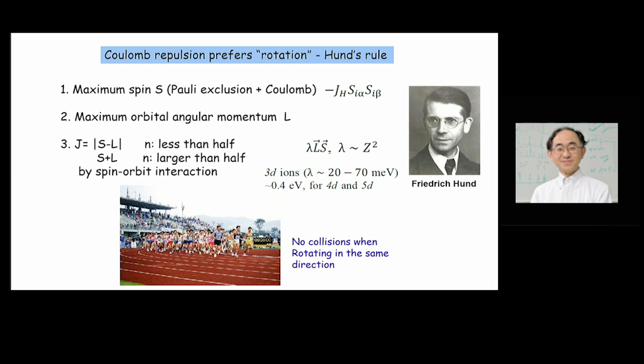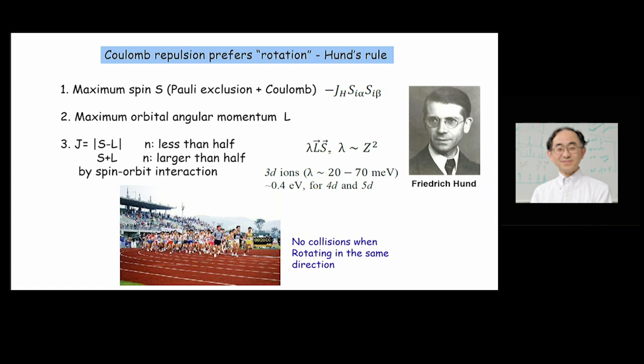So in short, I think Coulomb repulsion prefers rotation, which is Hund's rule. There are three rules. Number one is you should maximize the spin S for the ground state of the electron wave function. This comes from the combination of Pauli exclusion and the Coulombic interaction, right?